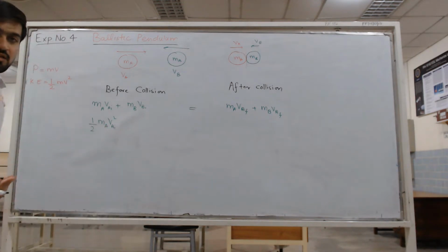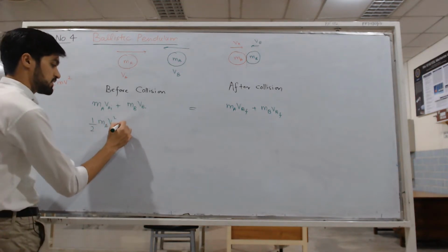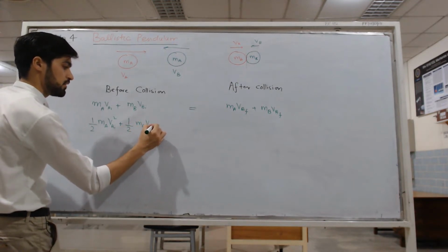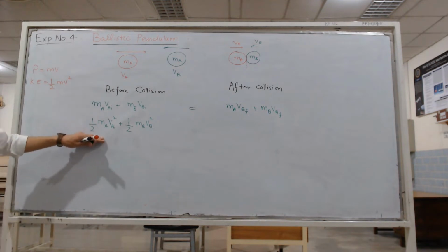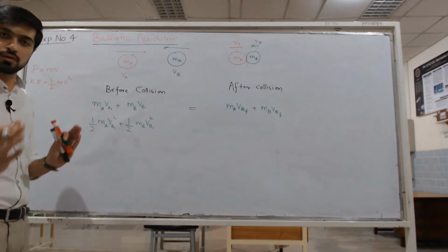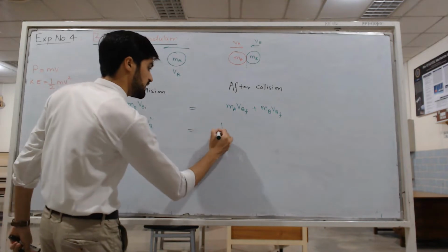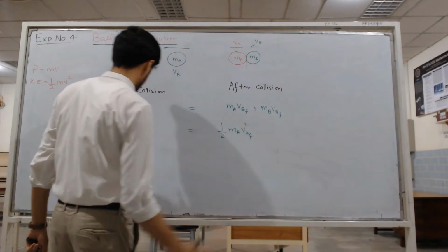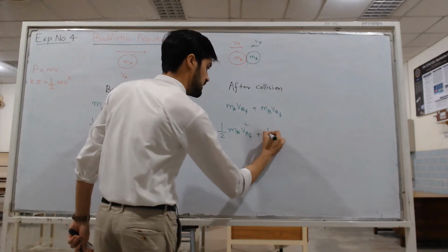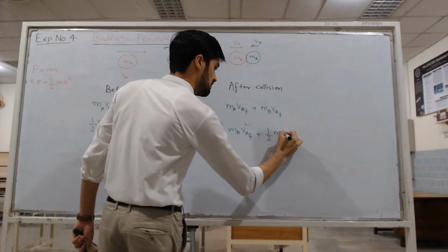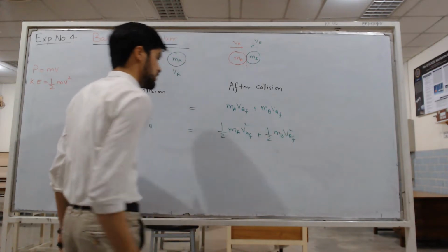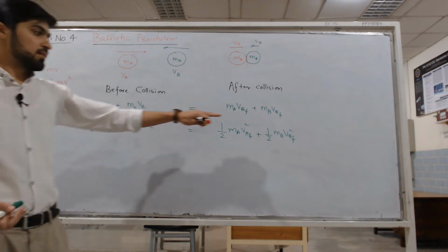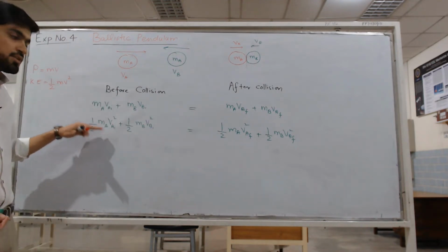The velocity changes after the collision, plus half m_B v_Bi square. The sum of the initial kinetic energies before the collision is equal to the final kinetic energies, half m_A v_Af square, plus half m_B v_Bf whole square. So these represent the kinetic energy conservation and the momentum conservation.